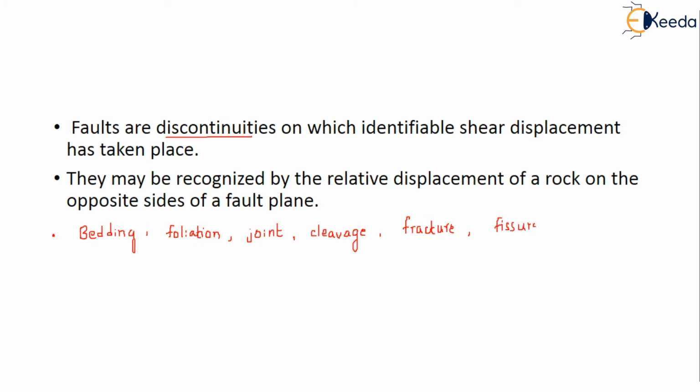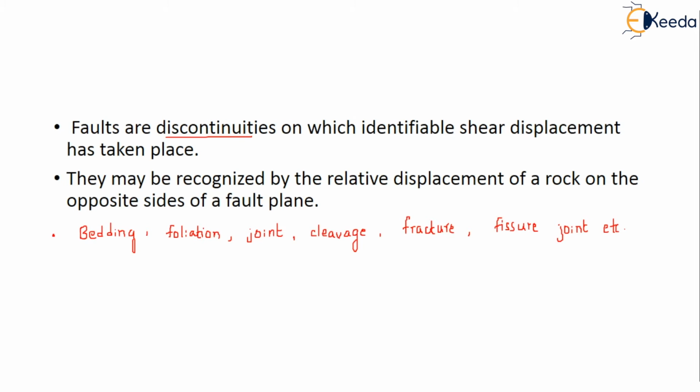Fissure: very thin and long, the diameter will be very thin and it will be long. Fissure joint, etc. So these are all the different discontinuities which may be present. Here a division is made between mechanical and integral discontinuities.